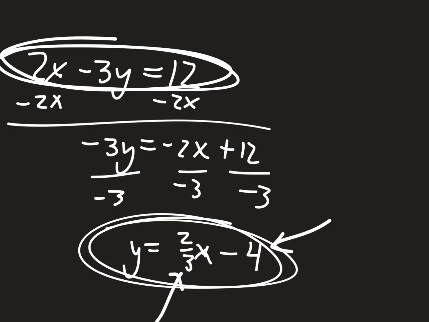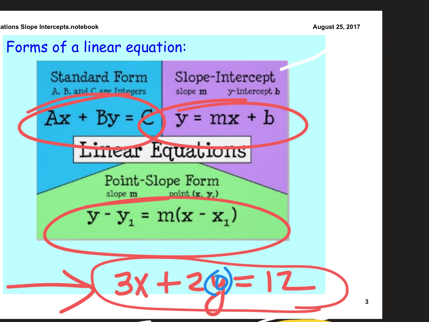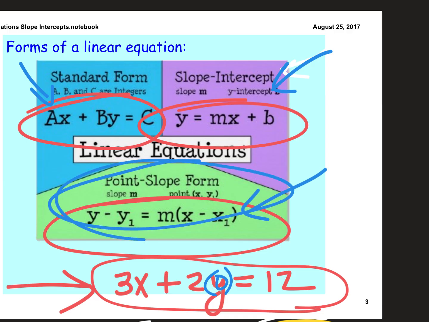All right, and there's only one other form left that we haven't talked about. We just talked about slope-intercept up here, and we talked about standard form. Then there's this form. And honestly, this point-slope form is the most important form.